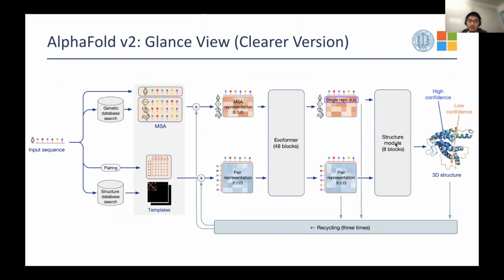And once they come to the structure model, the input is, as I mentioned, the single representation with the pairwise representation matrix, and the output is the rotation and translation of the backbone, as well as the position of other side chains or residues we have. So the 3D structure will actually be generated in the structure model.